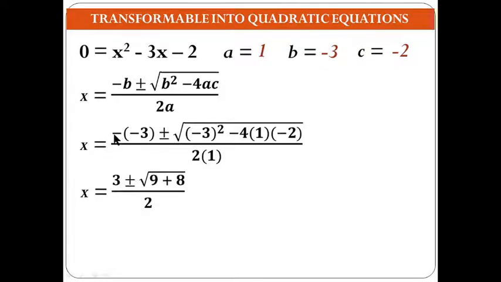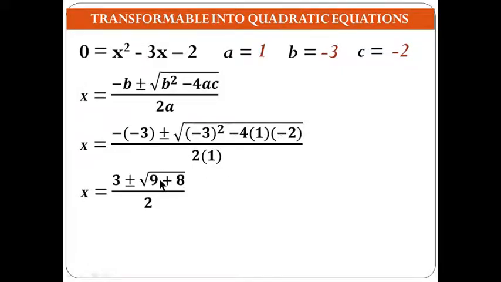Ngayon, then negative times negative 3 is positive 3. Okay lang na hindi ilagay ang sign kapag positive. Then copy positive negative, square root of. The square of negative 3 is positive 9. So negative 4 times 1 is negative 4. Times negative 2 is positive 8.